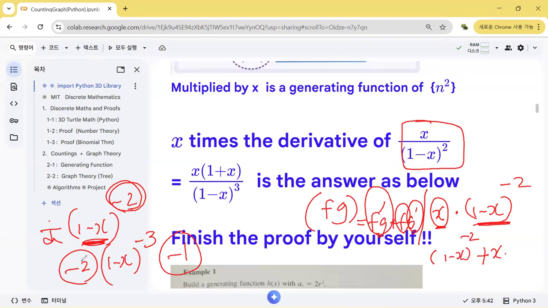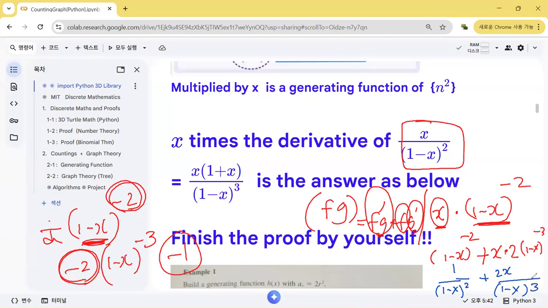So then 2 times x times (1 minus x)^(-3). Okay, then let's solve this. So that is 1 minus x, this one, plus this one is 2x, over (1 minus x) cubed.